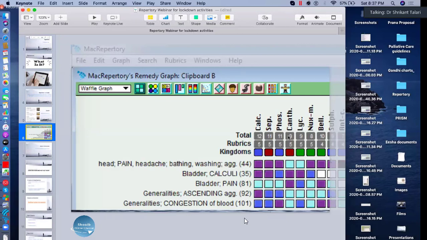So other than just the symptom, headache, bathing, washing aggravates, we have to also look at how the patient narrated this symptom. Was the patient saying, oh, it is feeling too much, or, doctor, I have head pain, or was the patient weeping along with this? How did the patient come? How did the patient interact with you? How did he make you feel during the interview?